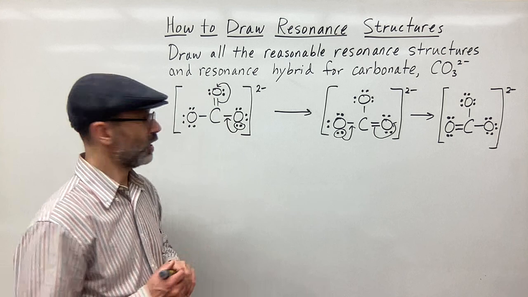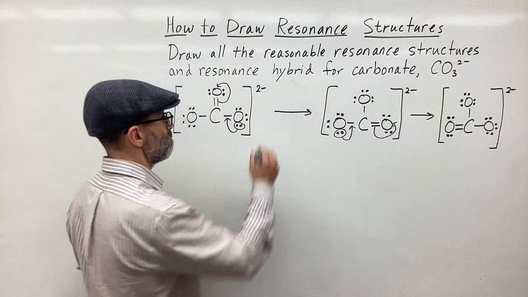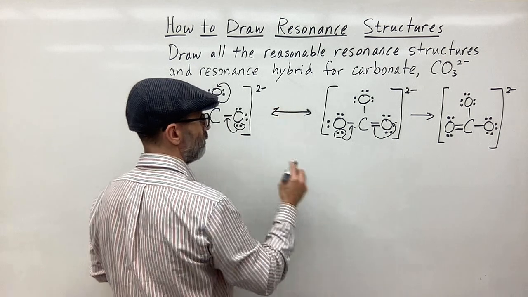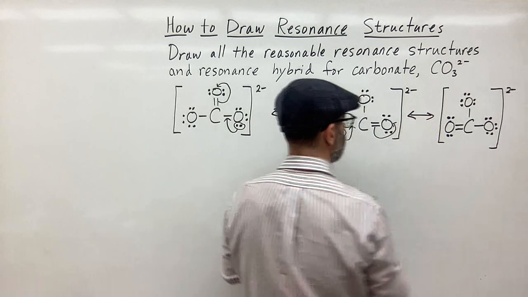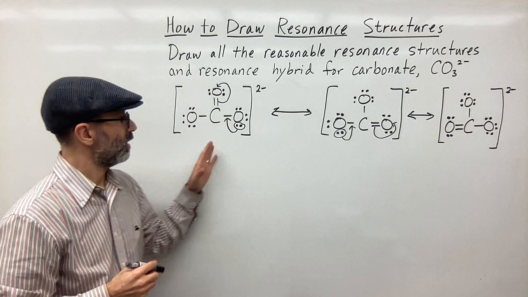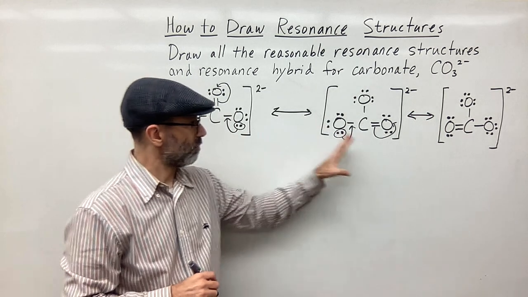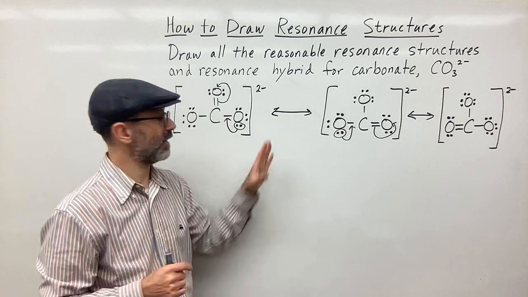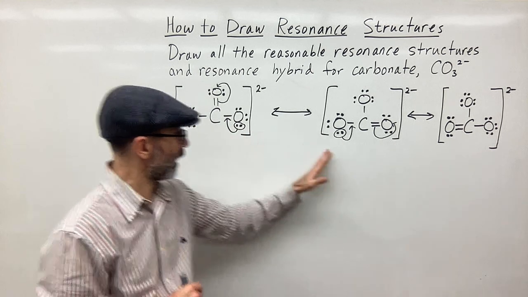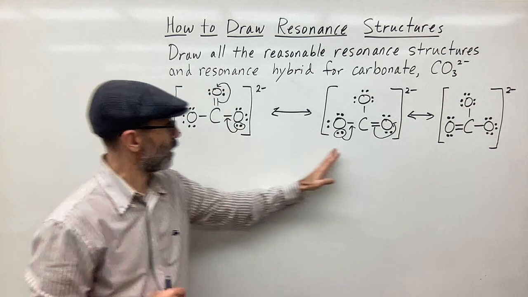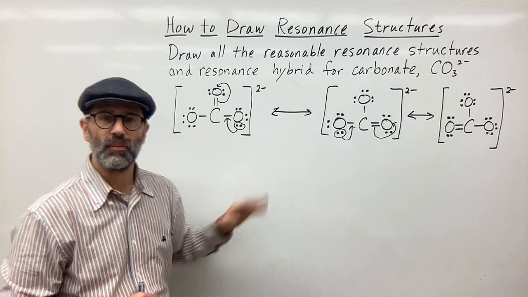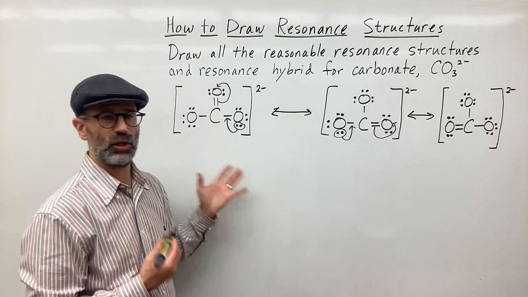The way we draw resonance structures is we'll have a double arrow between them, indicating that you can fluctuate between these variations. Now this is using Lewis dot structures.